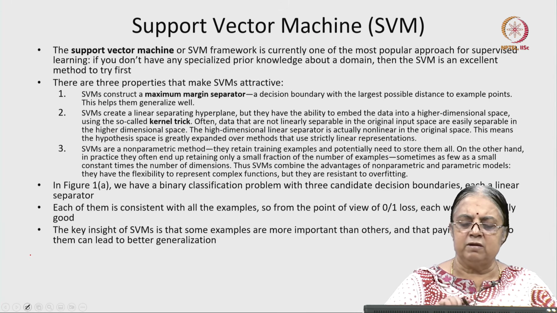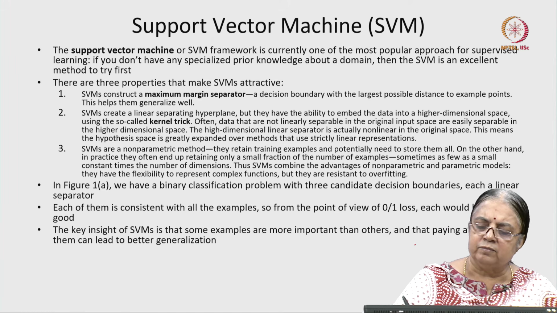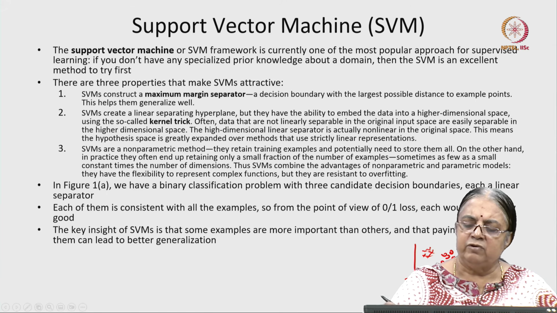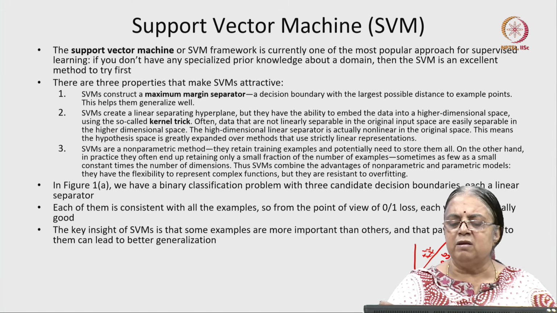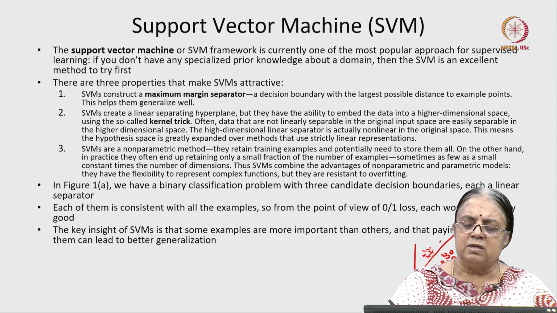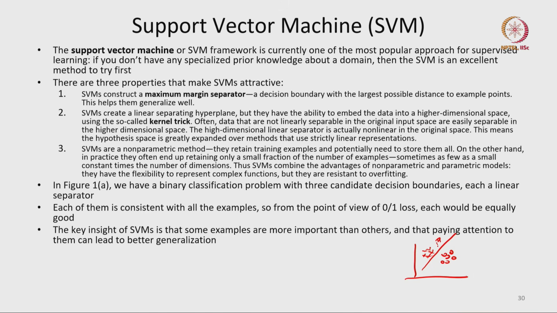For example, say we have a class like this and another class of examples like this, it tries to find the dividing hyperplane between these two. When a new pattern comes, if it comes to the left side of this dividing hyperplane, it will be put as belonging to one class, and if it comes to the right side, it will be put as belonging to the other class.